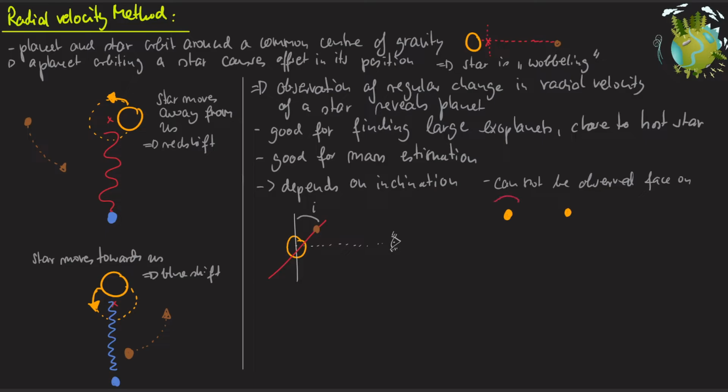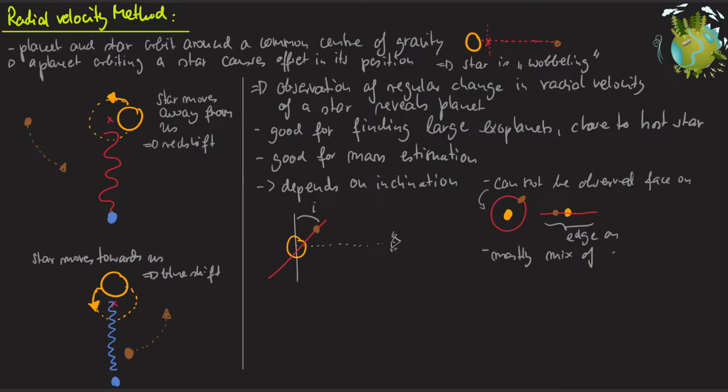So this is a face-on view. So we cannot see the spectral change in the velocity. It's just shifting its position, but that's way harder to detect. That's something we could detect in direct observation. In the edge-on view, this is where we could directly observe the shift in position.